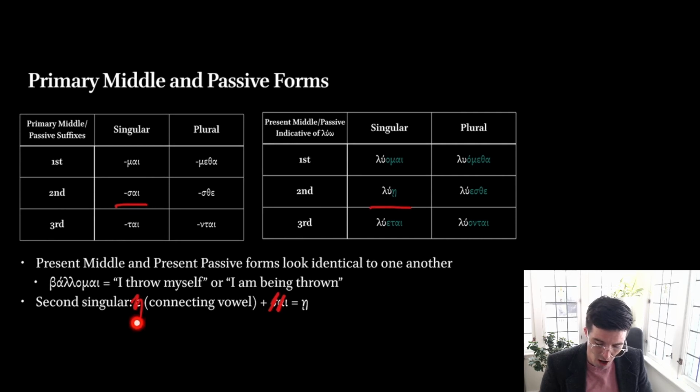And when you have a long vowel, an iota likes to go under a long vowel, likes to sort of hide in there as its subscript. And so the iota makes its way under the eta so that we get this ending. So that's the way that this change happens. So even though you're memorizing these primary middle passive suffixes, you should recognize the difference here, that this is the second singular ending, even though it looks different from what we have over here.